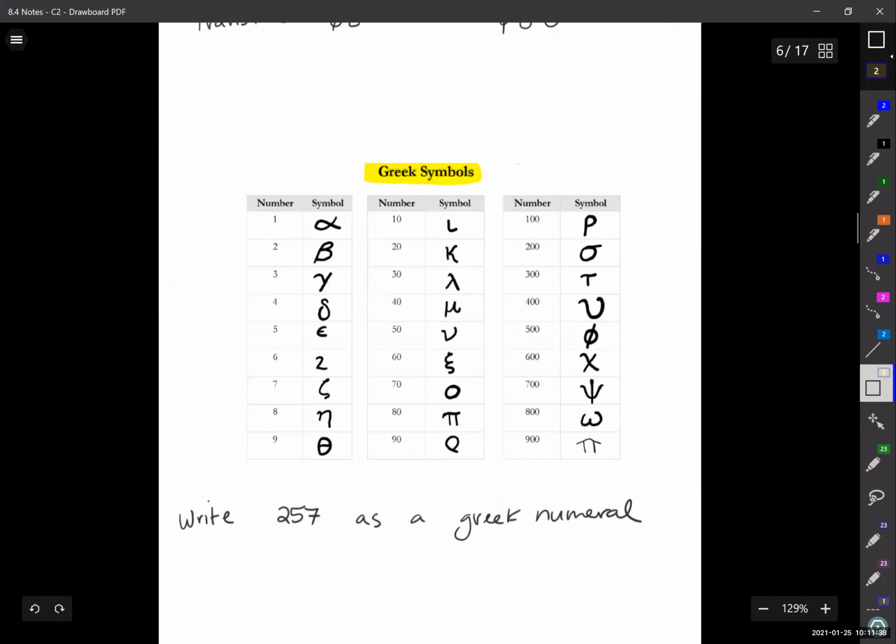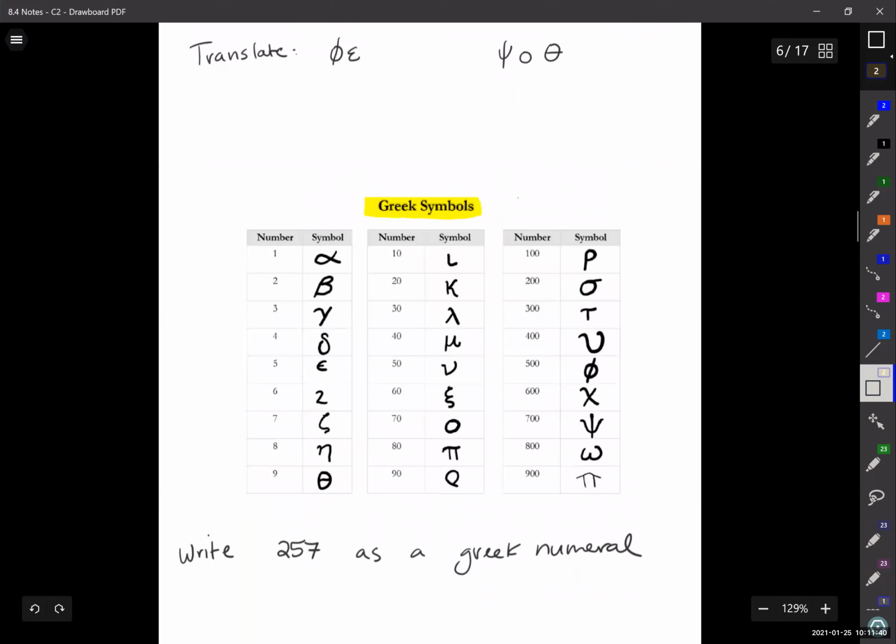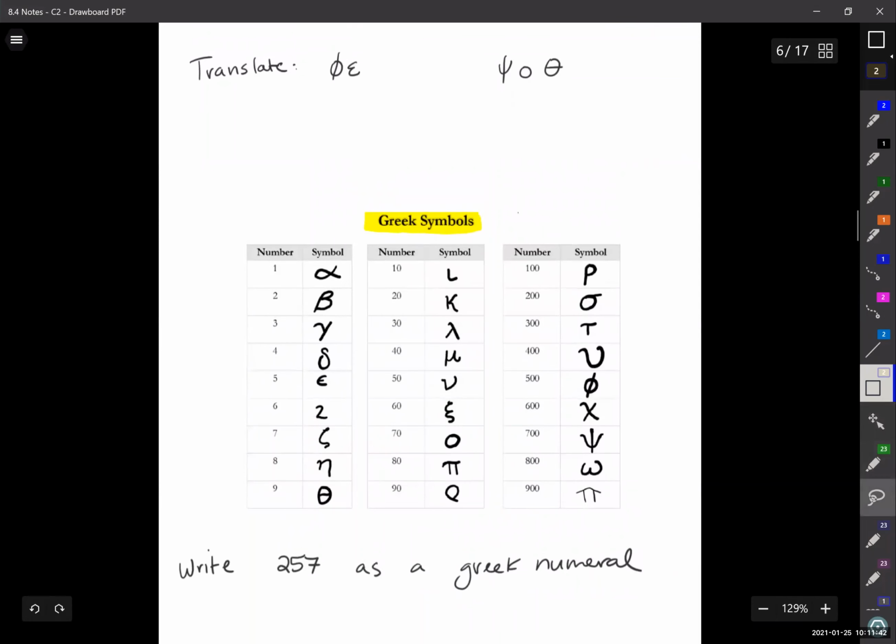Last up, I think, before we get to our positional numbers, are the Greek numerals. So you've got 2 problems here. The first one is translating this, then translating this.